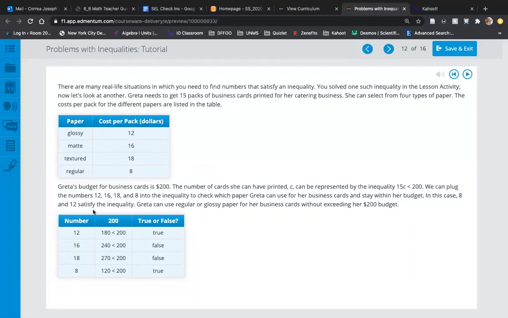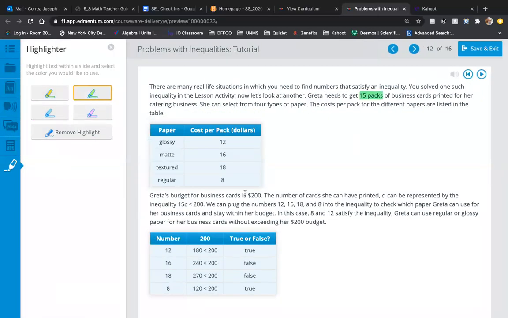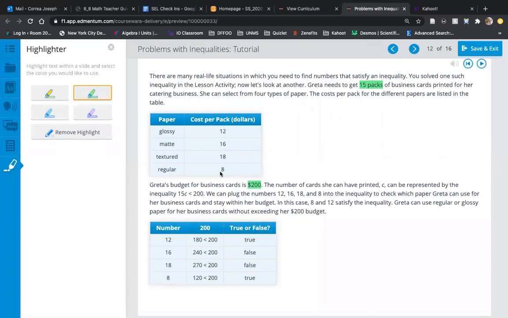She can only spend $200, but remember, she needs 15 packs of business cards. So this piece of information plus how much she can spend is going to tell her which of these she's actually going to be able to afford.